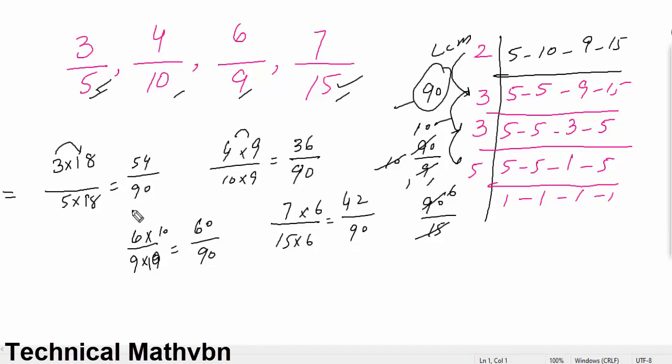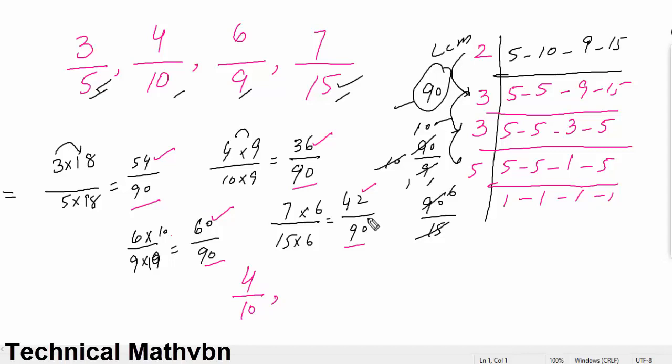Now you can see that all the denominators are the same. It becomes simple for us to identify which is the smallest and which is the largest fraction. Just look at the numerators: 54, 36, 60 and 42. You can see that 36 is the smallest. 36 comes from the fraction 4 over 10.